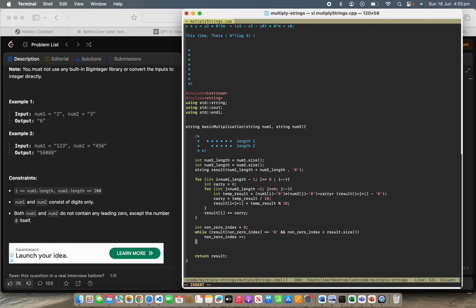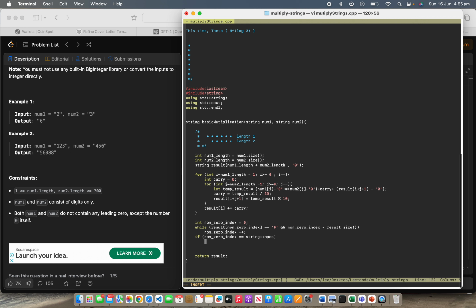Right. And next, if non-zero index is equal to string npos, if we don't find it, I think it's npos, we do non-zero index is equal to result dot size minus 1.